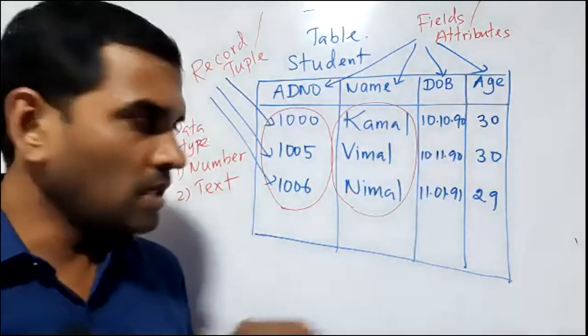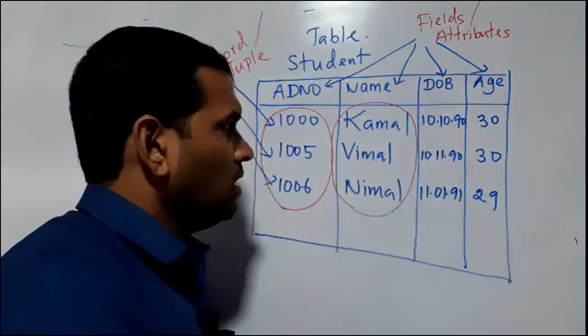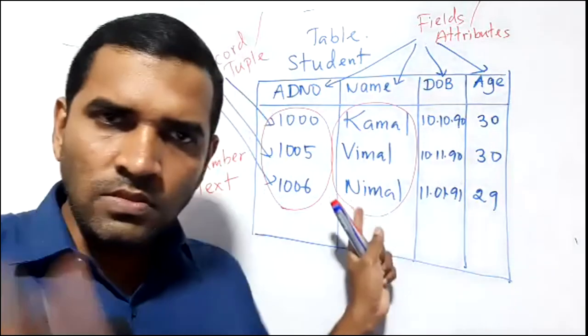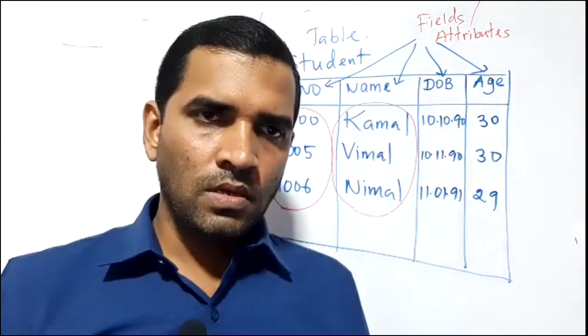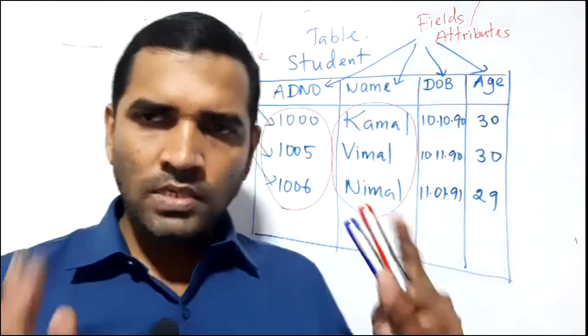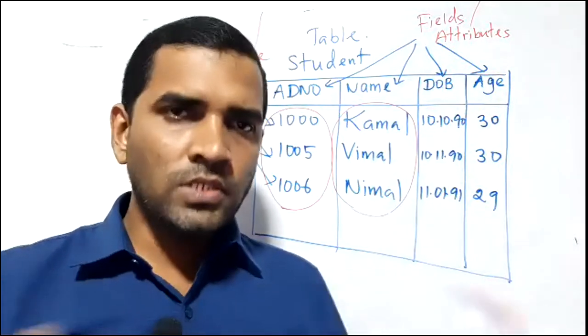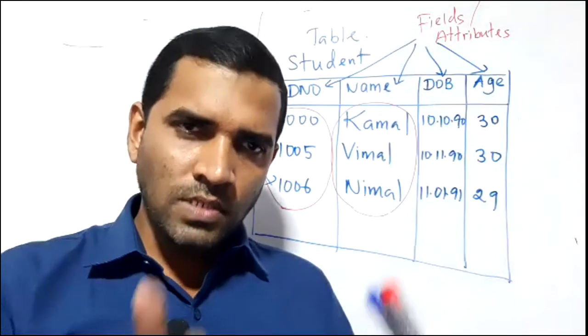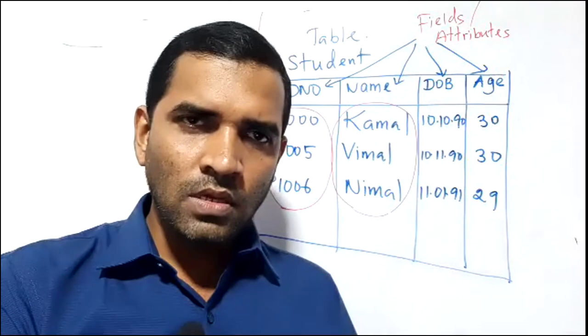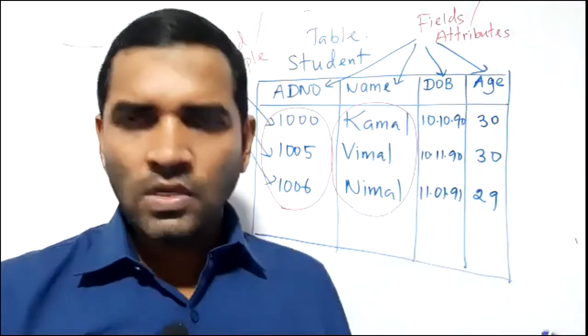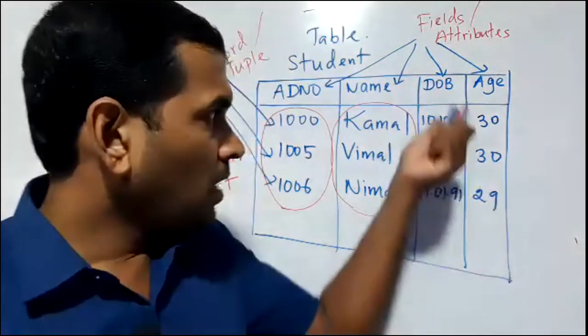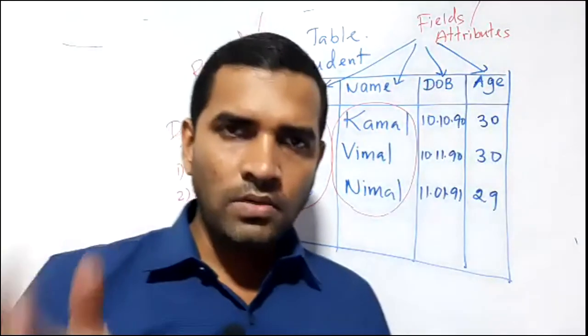Before I take this one, I must tell you one more thing. Don't think that text includes only letters. Actually, the data type text is a mixture. It can have text along with numbers and maybe symbols. For example, assume there is a field called address.